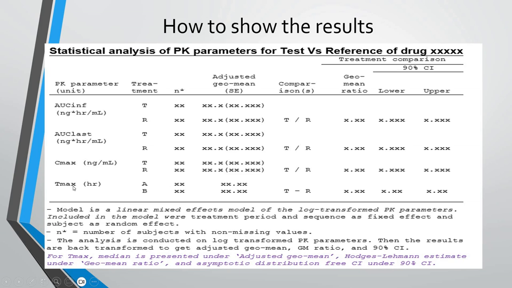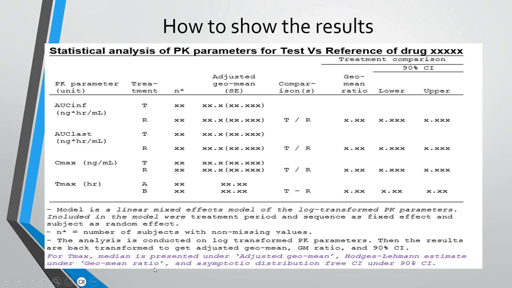Then for Tmax there is a tricky thing, because you see here T minus R. Tmax is time data, and it does not go with the log normal distribution. Basically it's not even normal. So we have to apply a non-parametric test for Tmax, and that's why for Tmax the median is presented instead of the adjusted geometric mean.